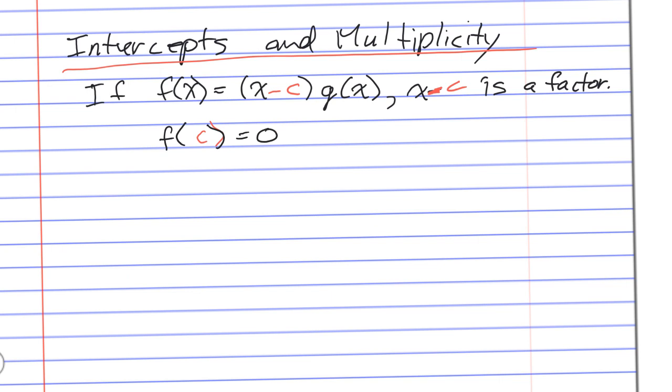Okay? Then we know that c is a zero of the function f. That's all it is.